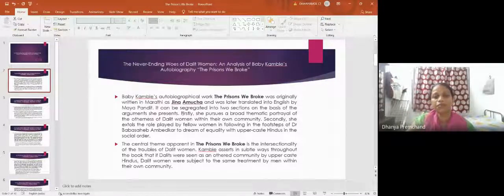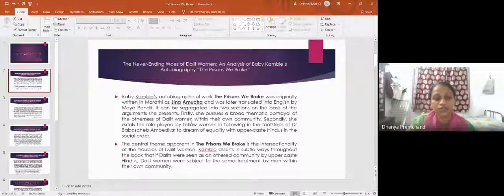Baby Kamble's autobiographical work, The Prisons We Broke, was originally written in Marathi as Jina Amucha and was later translated into English by Maya Pandit. It can be segregated into two sections on the basis of the arguments she presents. Firstly, she pursues a broad thematic portrayal of the otherness of Dalit women within their own community.